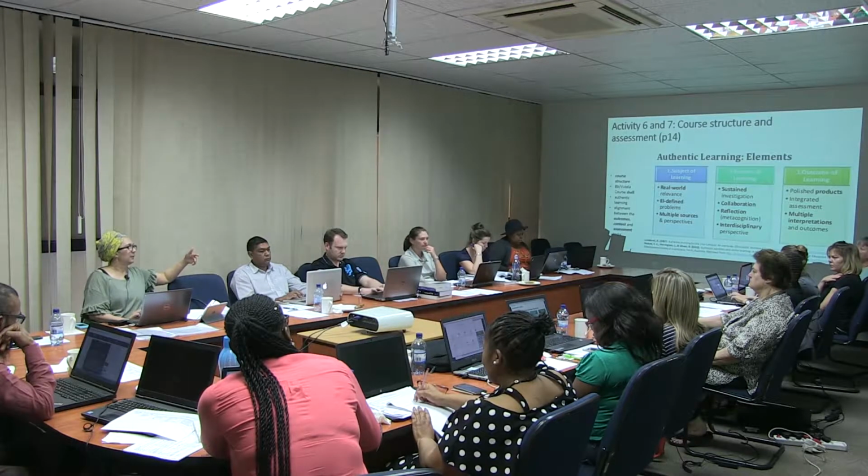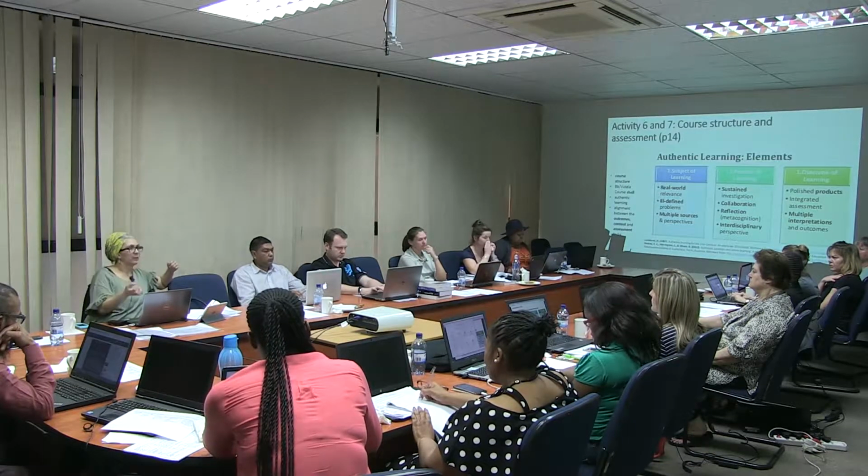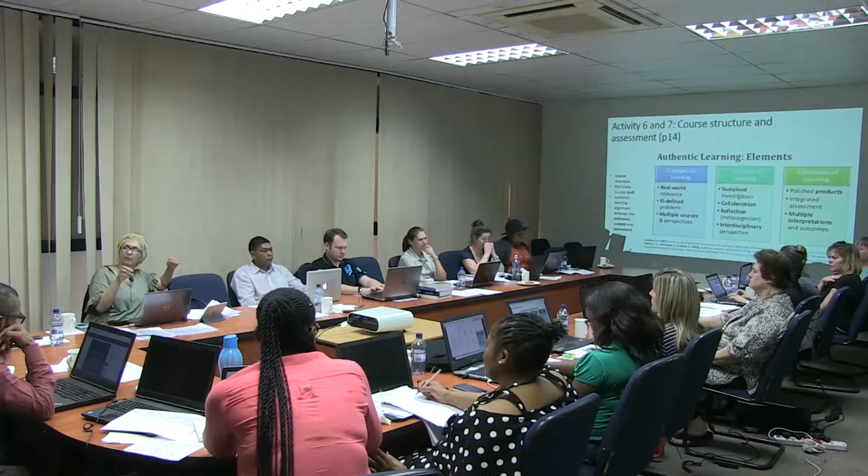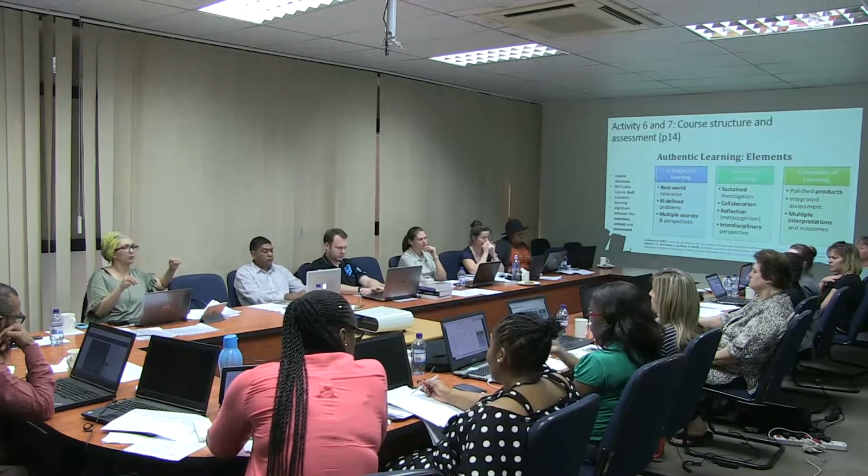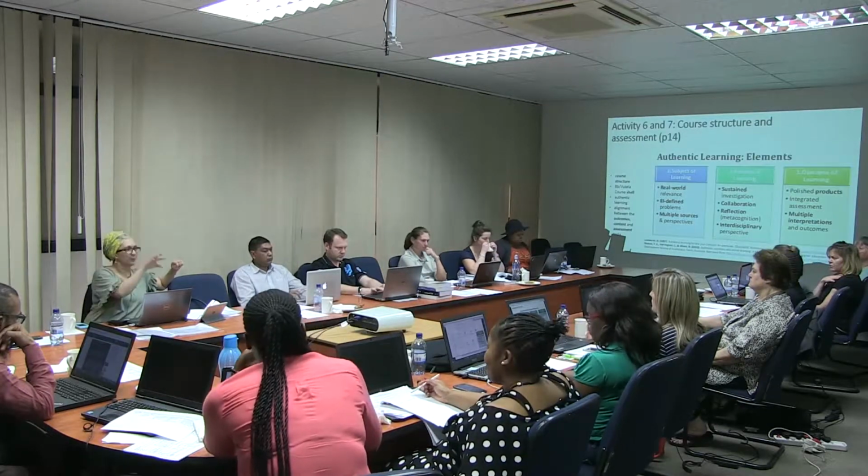Polished products, the outcome of the learning. At the end of the learning, what are they coming out with? And I'm trying to model that by letting you come out with a product at the end, and that's why I want to push it, so that you can start with your products. Those products will be your activities that you're going to set.